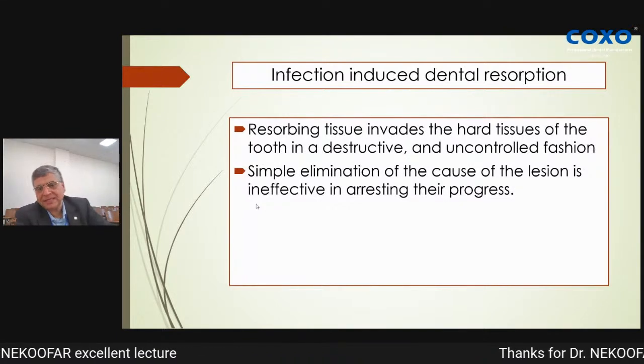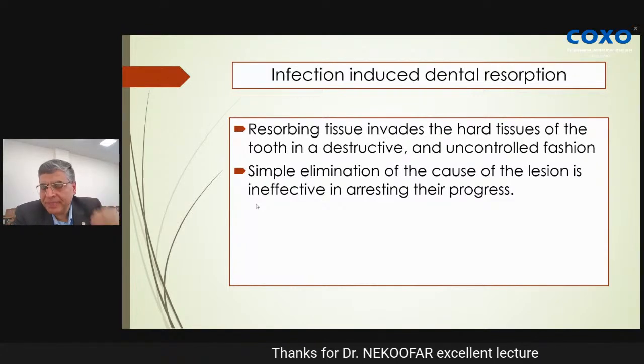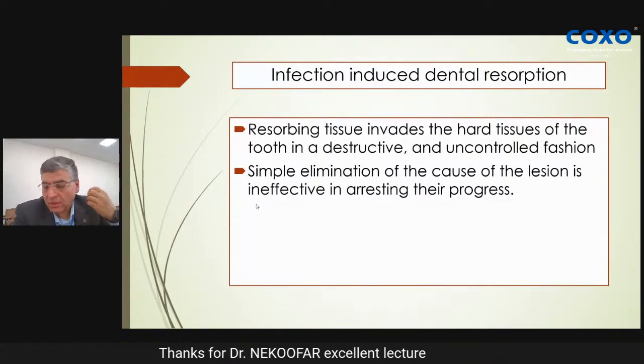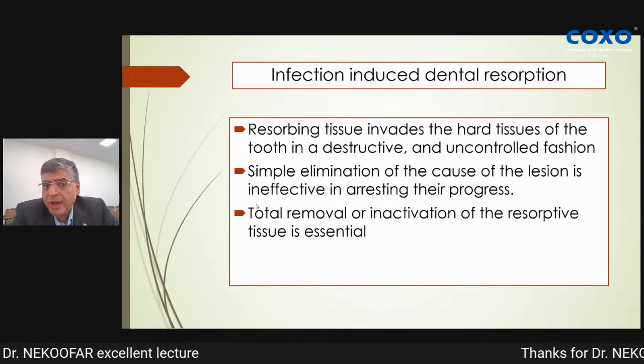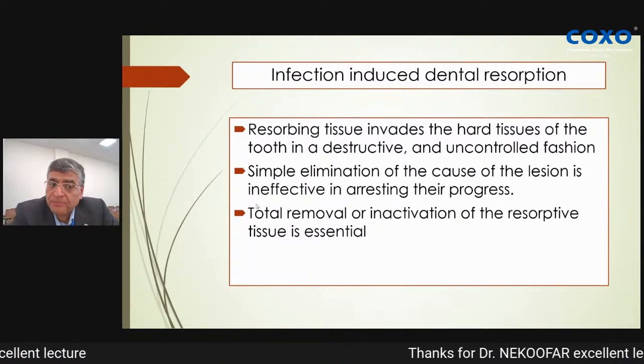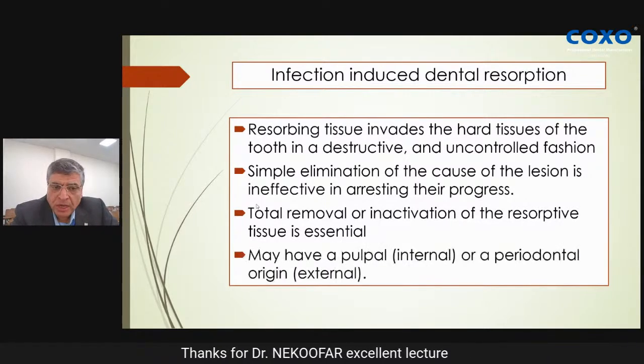But here, when it is a progressive process, it is very, very difficult to eliminate the cause and wait for a good outcome. Total removal or inactivation of the resorptive tissue is essential, which is sometimes not possible to do.